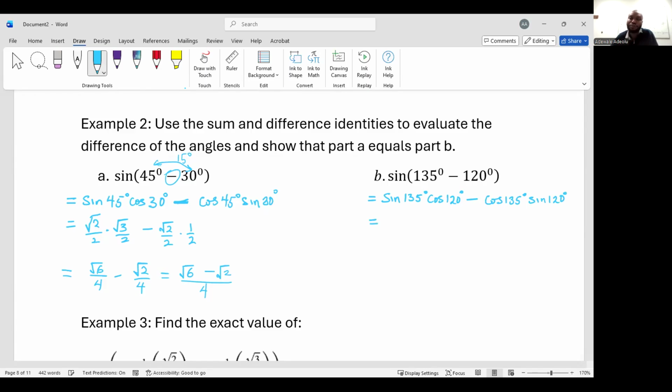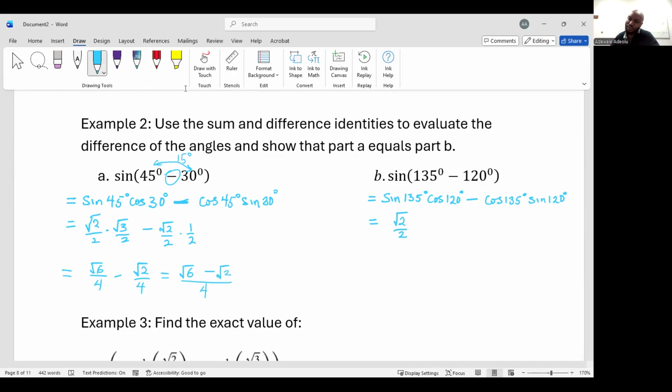So what is sine of 135 degrees? You can go to your unit circle to find that, because we can find it there. Sine of 135 degrees is pi over 4 times 3. I will have it in the second quadrant, so it is going to be positive. So that will be root 2 over 2.